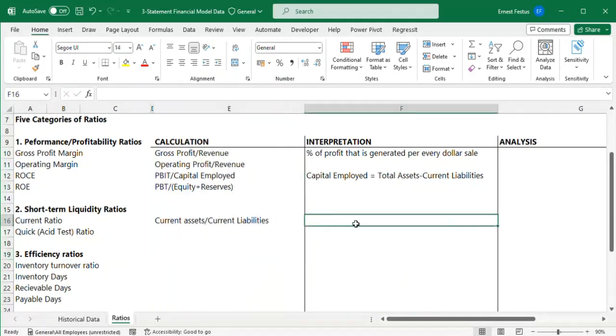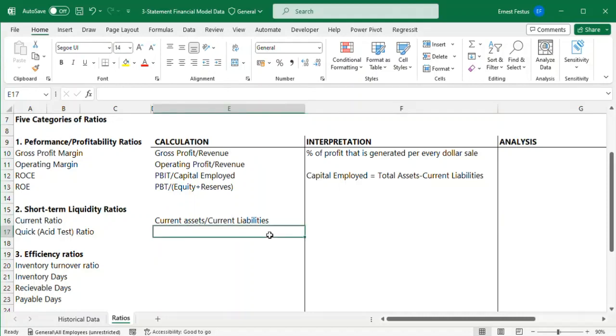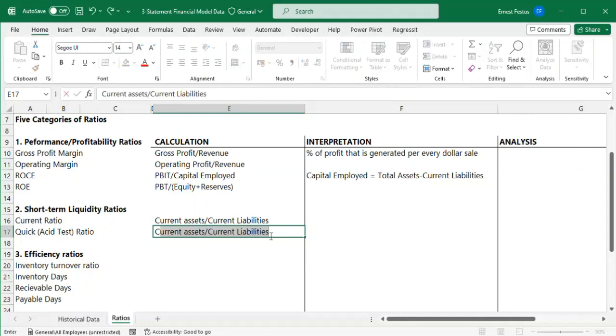Now, what does this particular ratio measure? Now, the two ratios measure basically the same thing. So let me quote that of the acid test ratio or the quick ratio. The quick ratio is calculated like the current ratio, but in this case we want to look at only liquid assets.